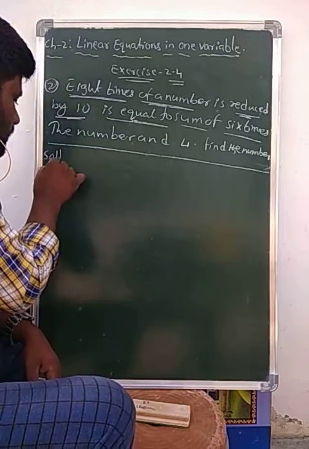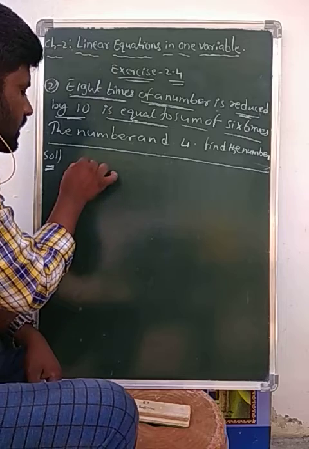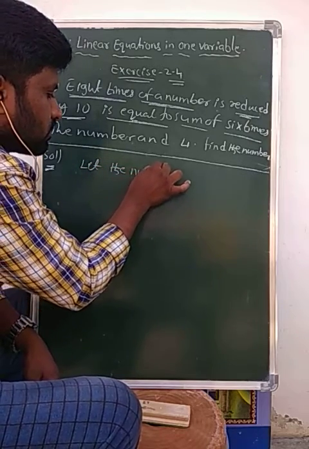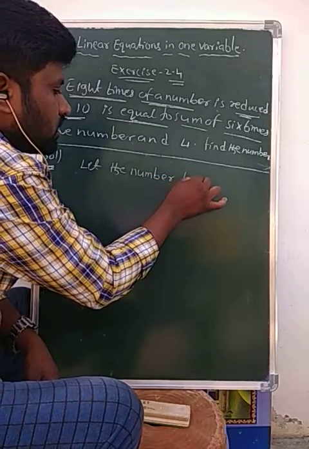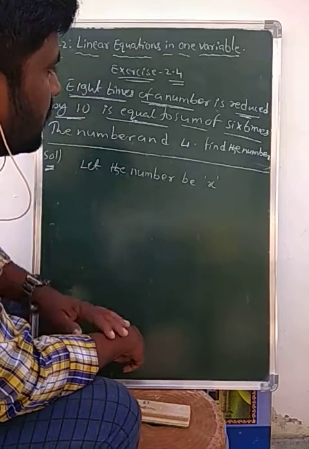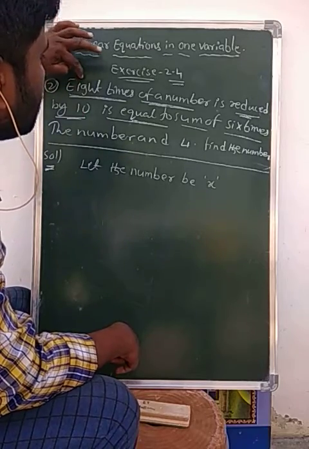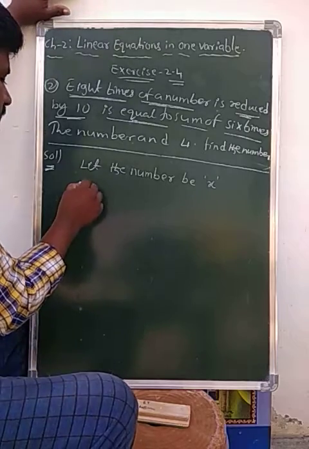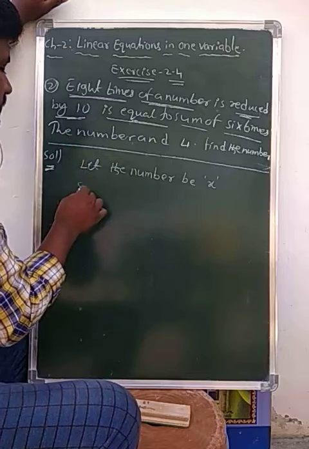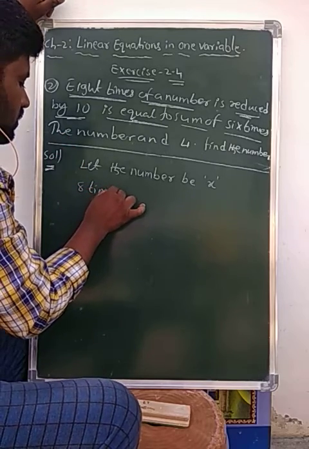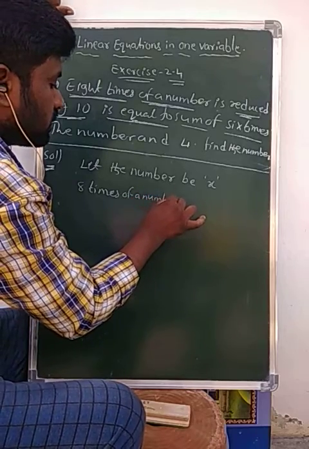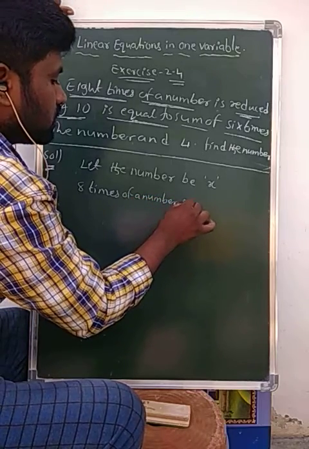So that's why, what I am doing here, let the number be x. I am taking the number as x. According to the question, 8 times a number is reduced by 10.